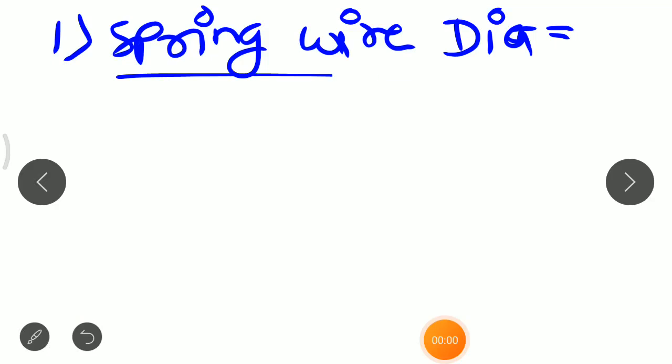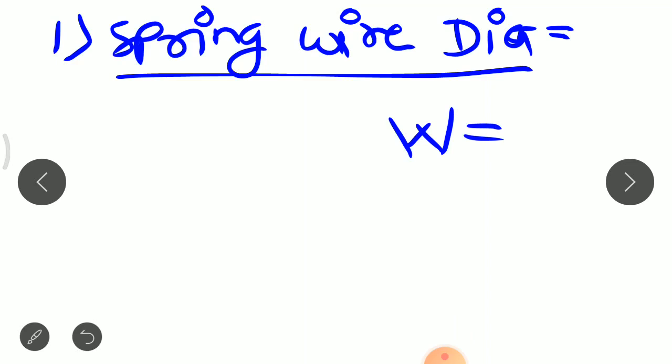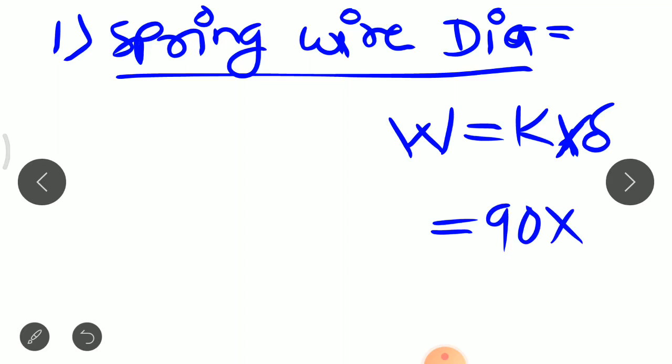अब यहाँ पे हमें फर्स्ट क्वांटिटी फाइंड आउट करनी है, स्प्रिंग वायर डायमीटर। इसके लिए हमें W लोड यहाँ पे चाहिए, कितना लोड उस स्प्रिंग पे अप्लाई होने वाला है। तो ये लोड फाइंड आउट करने के लिए हम फॉर्मूला यूज़ करेंगे, W इज इक्वल टू डिफ्लेक्शन ऑफ स्प्रिंग इनटू स्टिफनेस ऑफ स्प्रिंग, दैट इज द प्रोडक्ट ऑफ K इनटू डेल्टा, एंड वी नो दैट द वैल्यू ऑफ K इज 90 मल्टीप्लाई बाय डिफ्लेक्शन 8.5 mm.